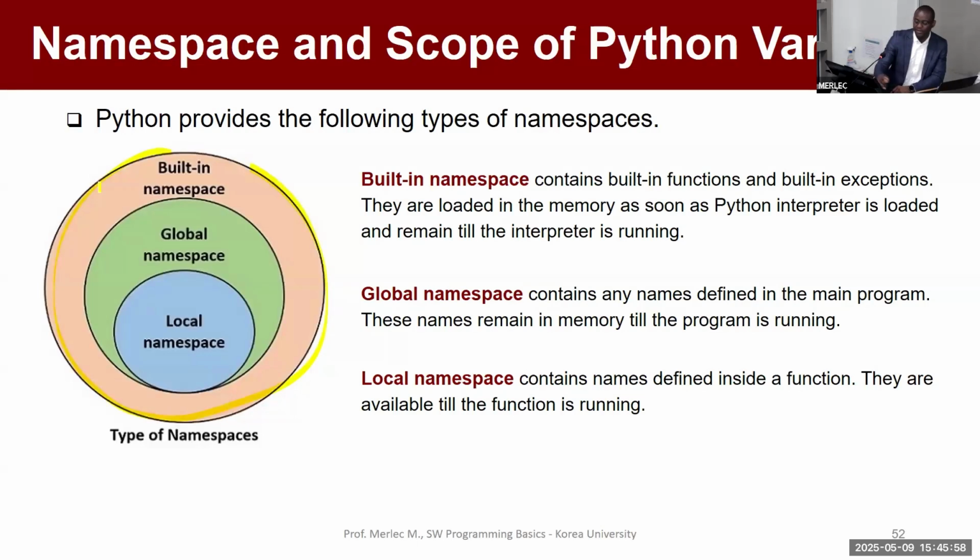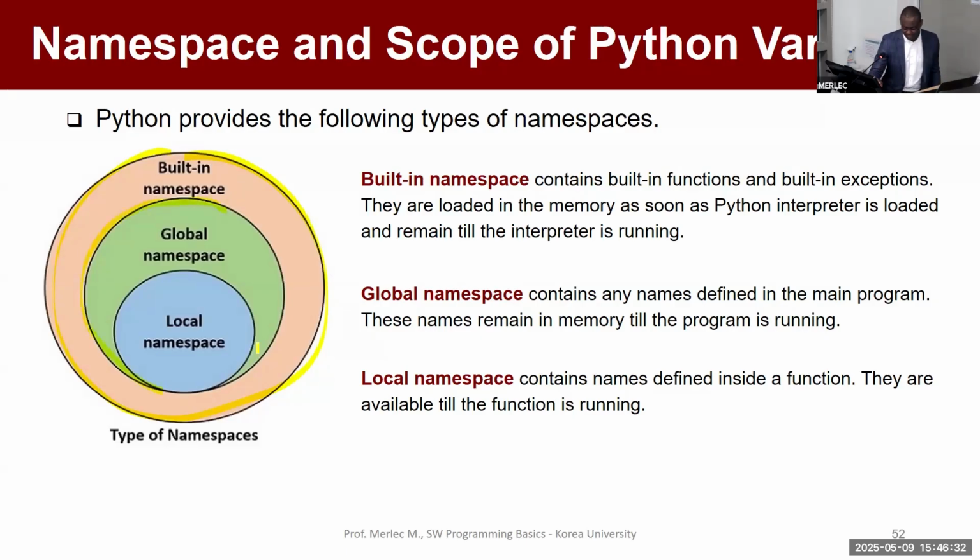In the built-in namespace, we can find most of the keywords we have seen in the introduction. When we make names as IDs for our variables or functions, there shouldn't be any of the built-in reserved keywords. You remember I mentioned that. So those keywords belong to the built-in namespace. So you don't have to use any of the names from the built-in namespace.